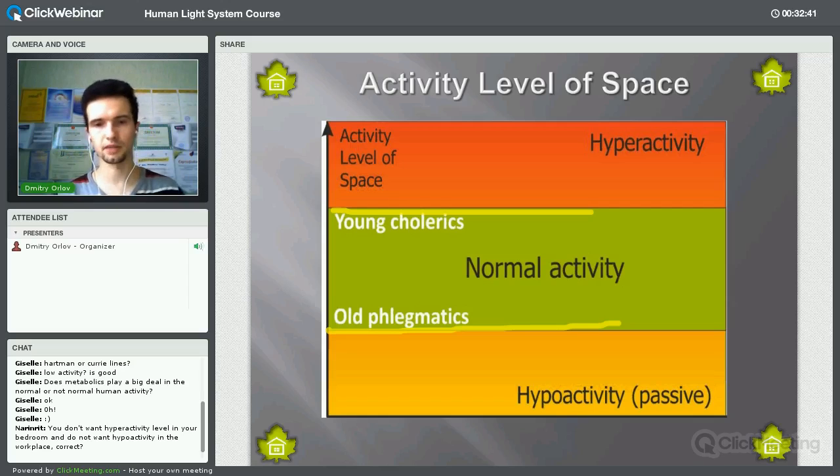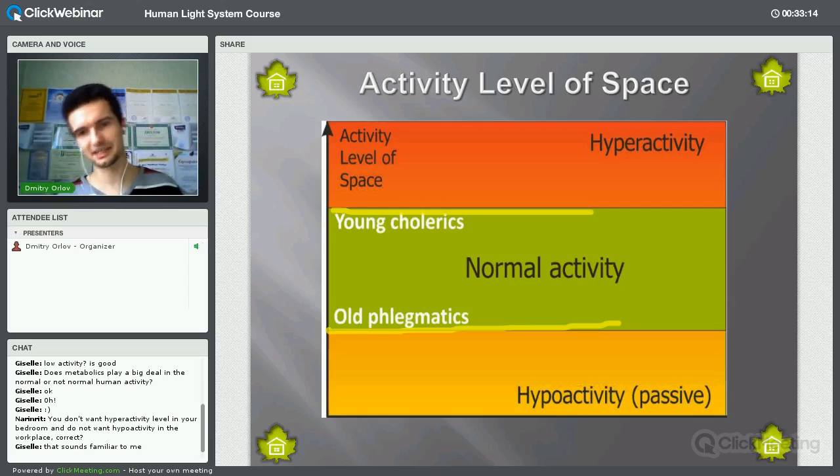If you go to a place where the activity level is very high and intensive, and you want to take rest there, it will be almost impossible, because your body will be activated constantly and you will be lying on your bed, watching the ceiling and thinking when will I fall asleep, but you will not, because your body is active, everything is hyperactive. So instead of relaxing, you're under stress.